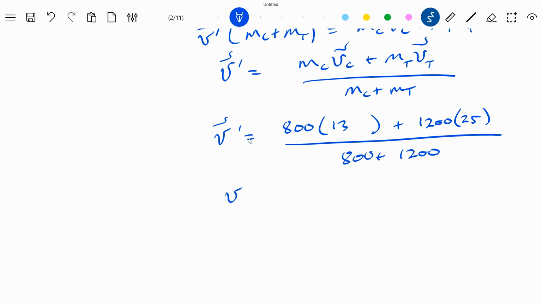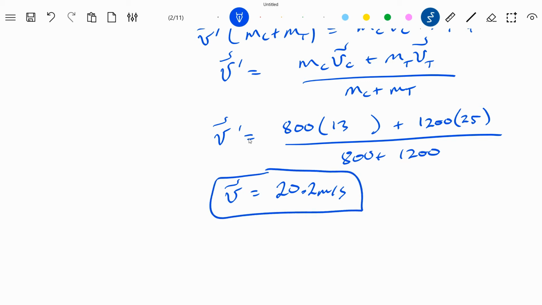All right, so the velocity of them combined is going to be, let me just compute this, 800 times 13 plus 1200 times 25, all of which is over 2000. There we go, 20.2 meters per second.